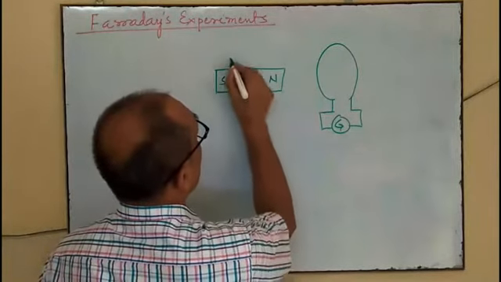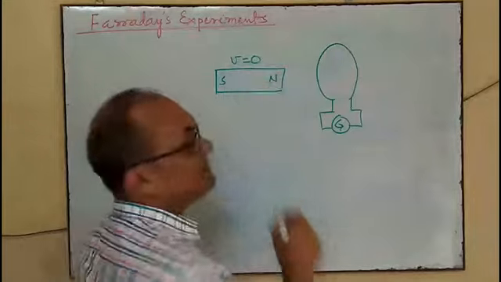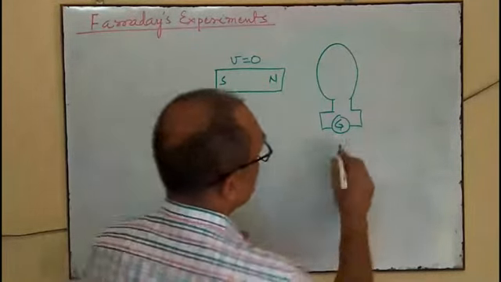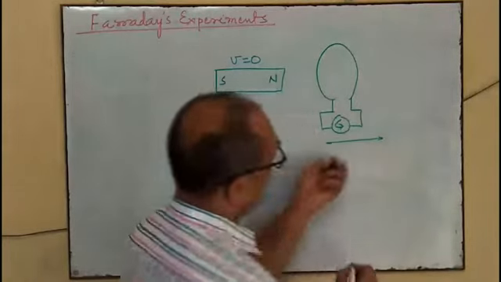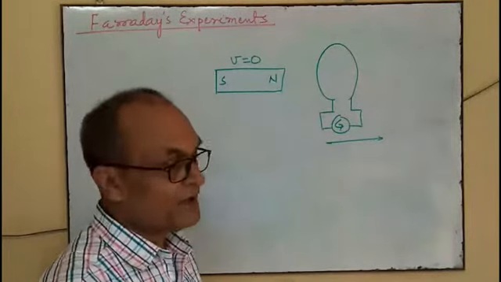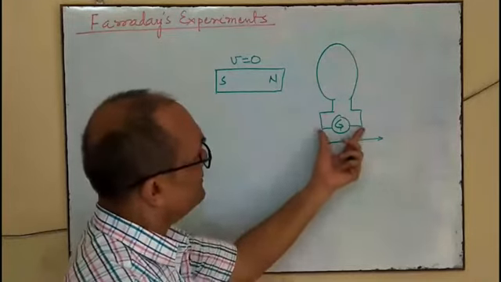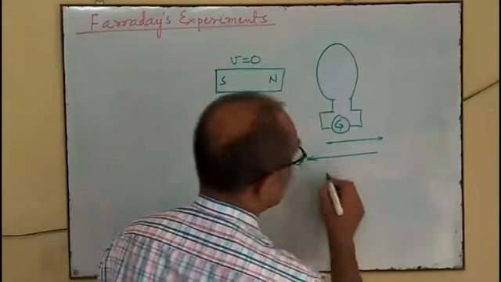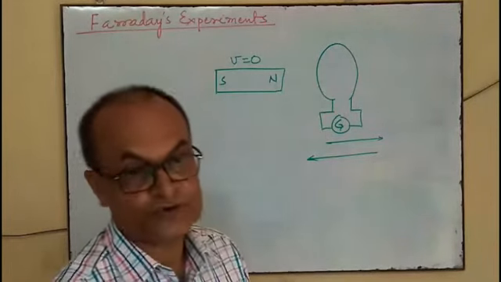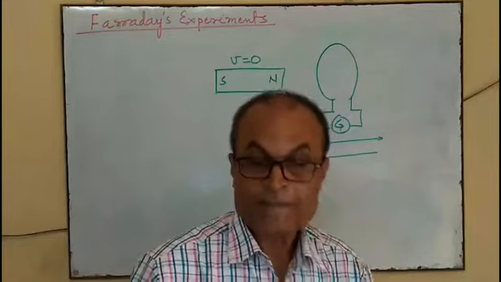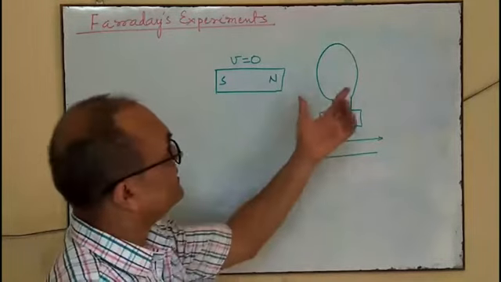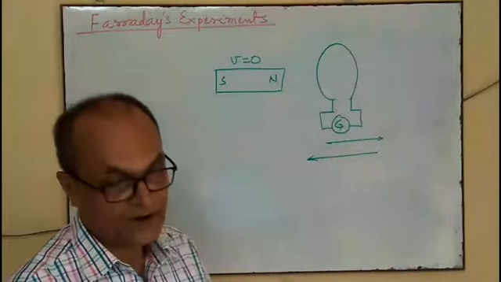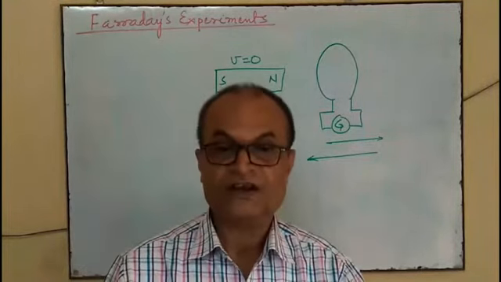The velocity or speed of the magnet is 0, and suppose the coil is moving in this direction, then we will see deflection in one direction, and when it is moved in the other direction, the deflection is in the opposite direction. So if there is a relative motion between the magnet and the coil, an EMF is induced.